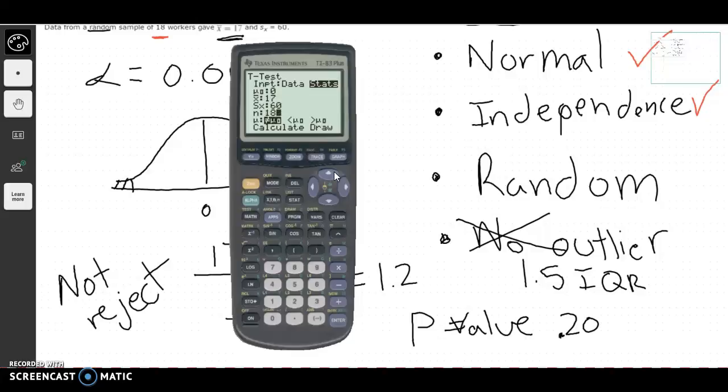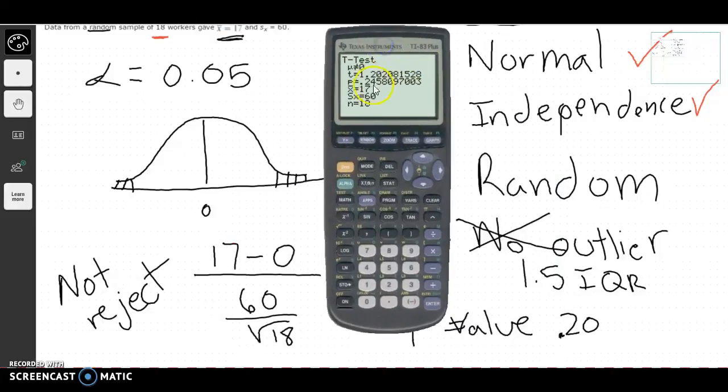We had 18 workers, and we want it not equal, not one-sided. Then we hit calculate. As you can see, we got the same t-value, 1.2, and it gives a more accurate p-value. It was a little higher than 10 like we thought, closer to 12, and with both sides it's 24.5%, which is again greater than our alpha, so we're good.